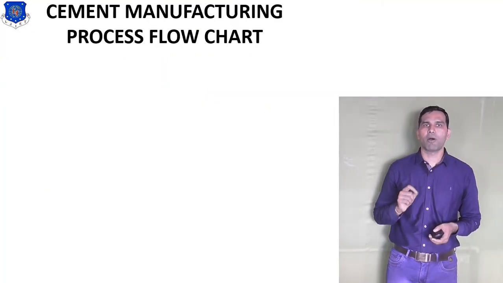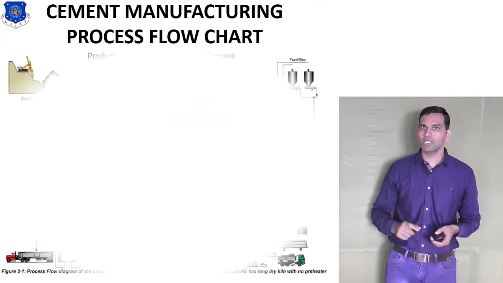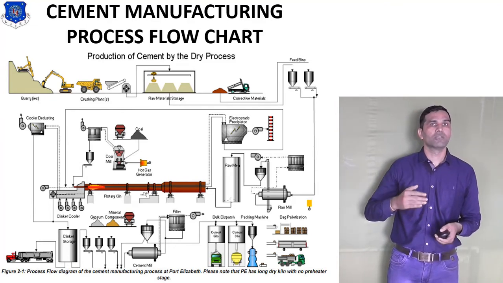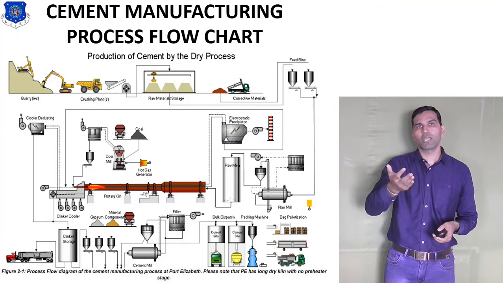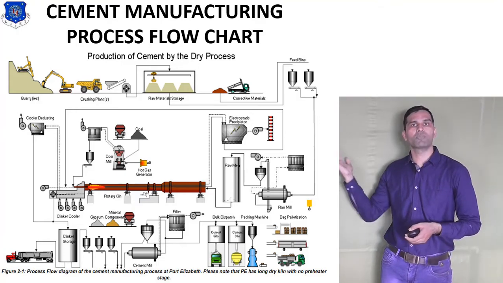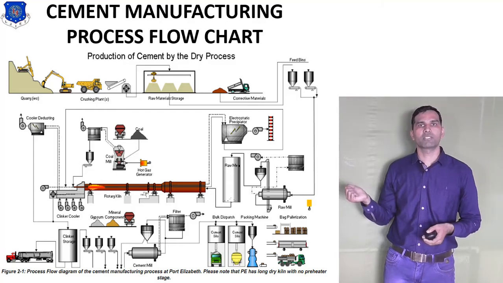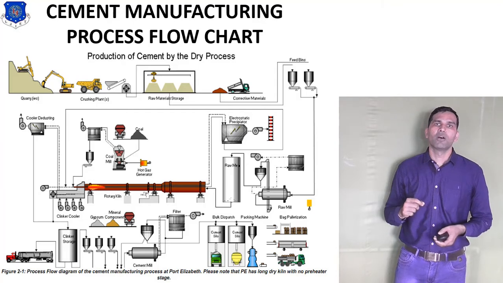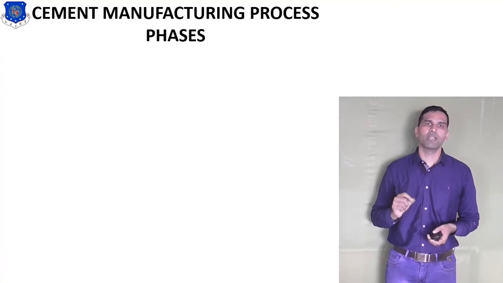Now we discuss the cement manufacturing process flowchart. This is the flowchart, or we can say the steps used to manufacture cement. Here you can see the one-by-one procedure to manufacture cement from the starting point to the ending point. Now we discuss some of the important processes in cement manufacturing.